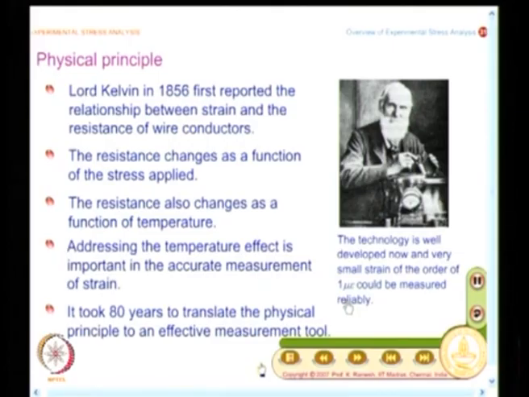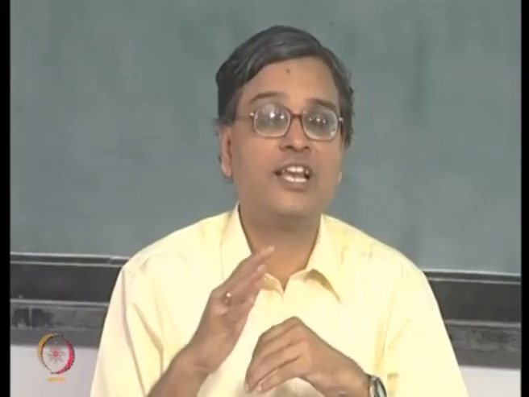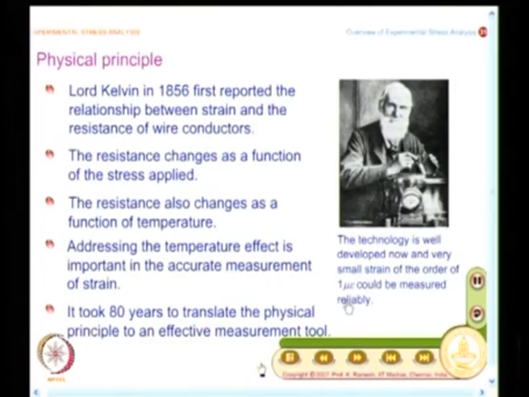Not only the temperature effect, you are measuring a very small quantity, you should be sensitive to that. You are measuring 10 power minus 6, and you have to have a certain level of confidence in the measurement. That is why the technology took a very long time to settle down, and now we can measure 1 microstrain comfortably. So, what is the physical principle here? Resistance changes as a function of the stress applied.